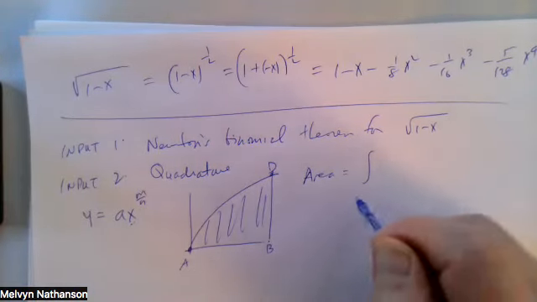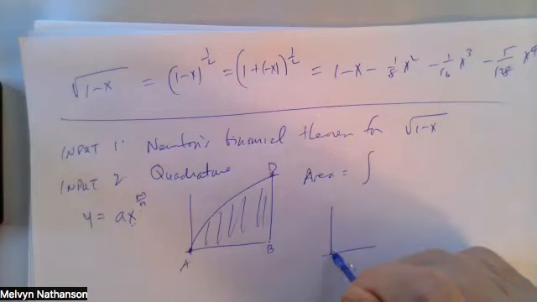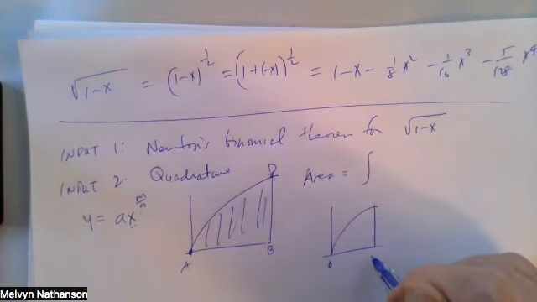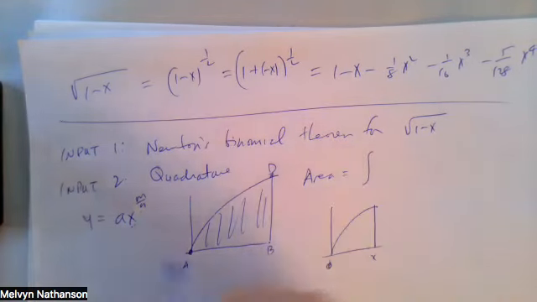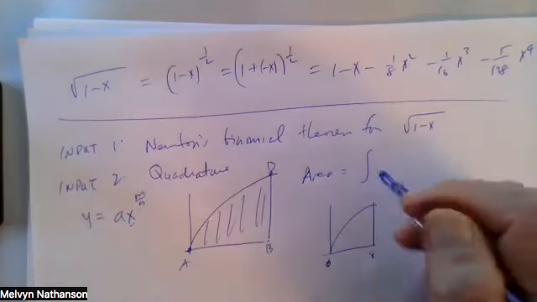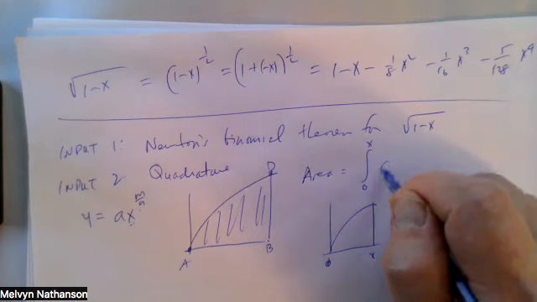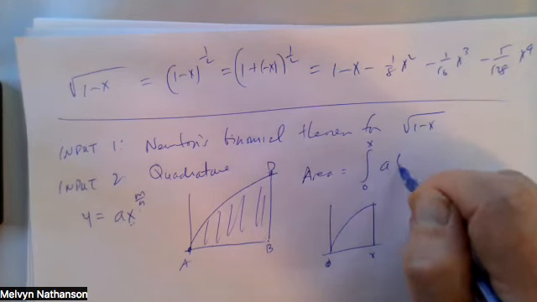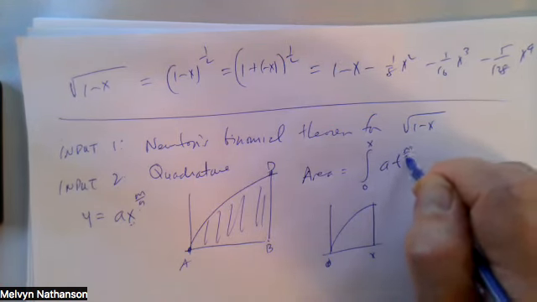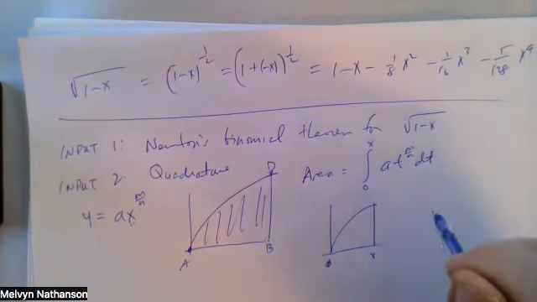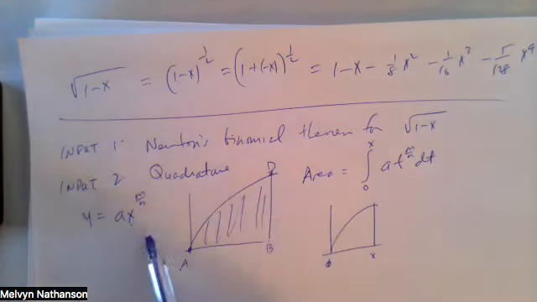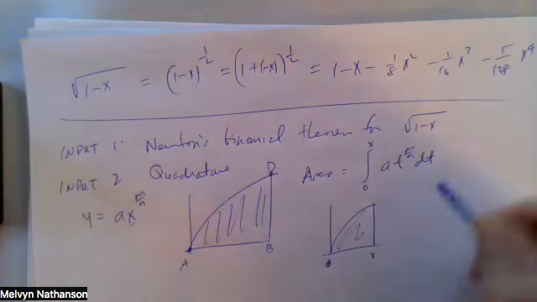Let's do it in our notation. Here we have 0, x, and this is y equals ax to the m over n. The area under the curve will be the integral from 0 to x of the function a, let's say t, to the m over n dt, right? What is that?